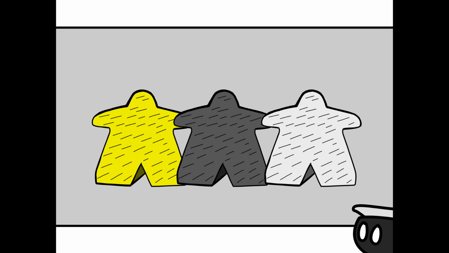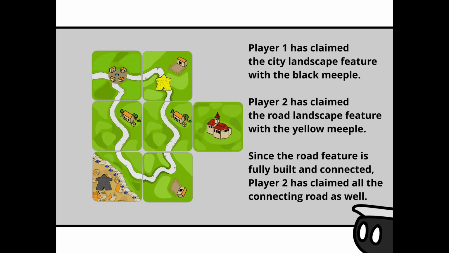Players can then use a special piece called a meeple or follower to claim a landscape feature for themselves.